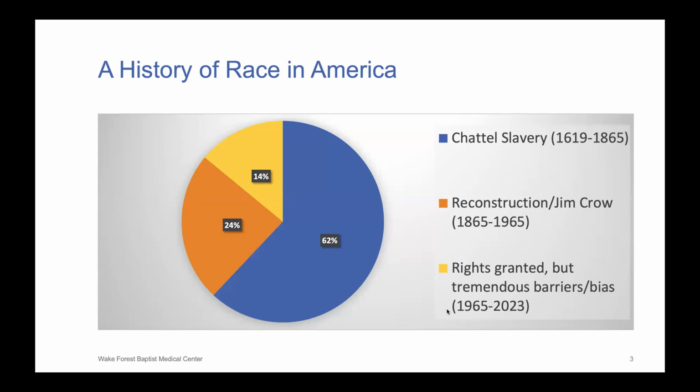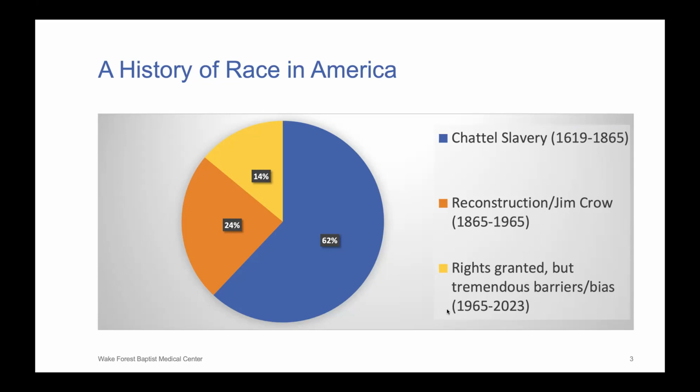You can see from this graph, and this is probably the simplest way I can describe race in America, that for 62% of our country's history, people of color were systematically excluded from every vestige of our society: education, health, the opportunity to be a citizen, the opportunity to vote, the opportunity to work. There was no humanity for people of color in our country because of the systems of chattel slavery.